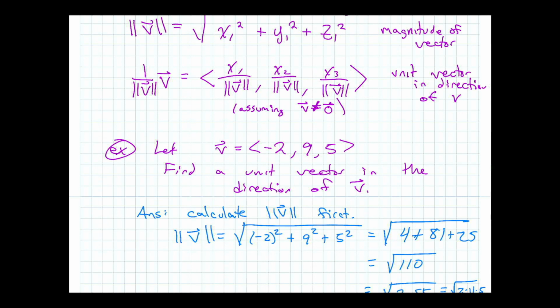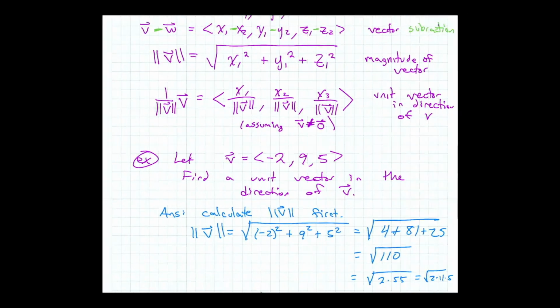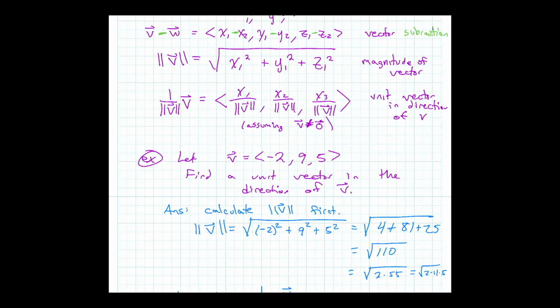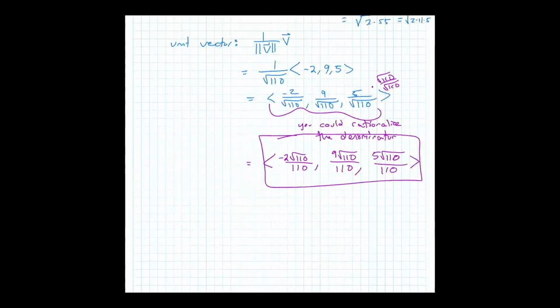If v is 0, 0, 0, you can't find a unit vector in the direction of 0, 0, 0. That doesn't make sense because 0, 0, 0 doesn't even have a direction. Okay.